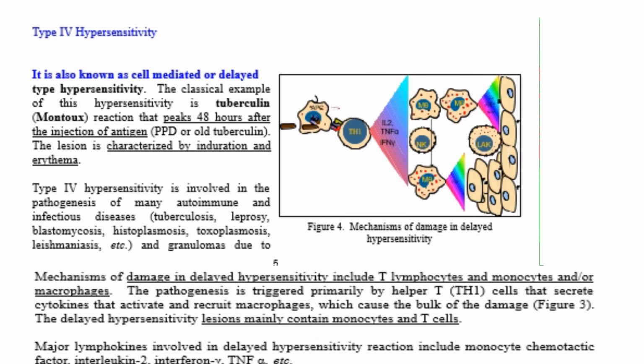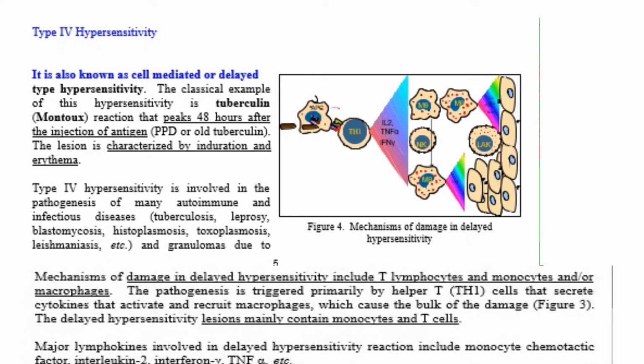So the mechanism of damage in delayed hypersensitivity reaction includes T lymphocyte and monocyte and/or macrophage infiltration. The pathogenesis is triggered primarily by helper T1 cells that secrete cytokines that will activate and recruit macrophages to the local area, which cause a bulk of the damage to the involved area.